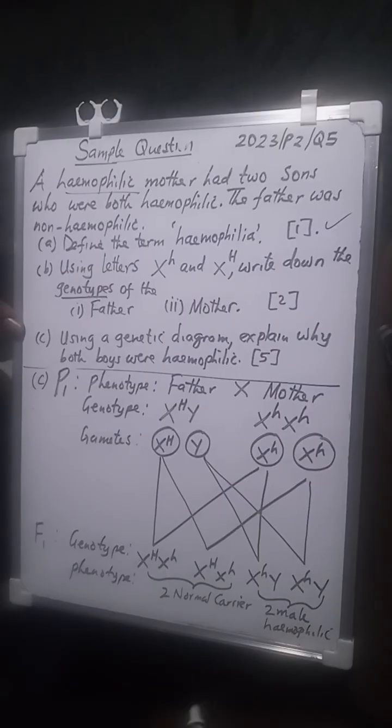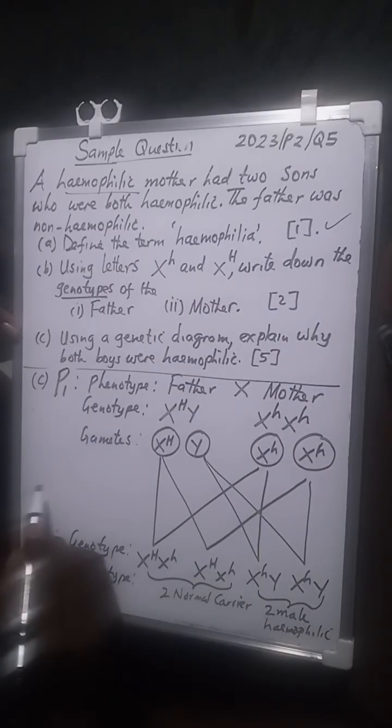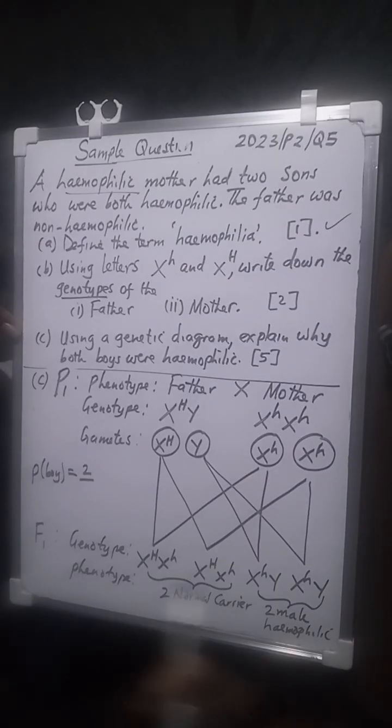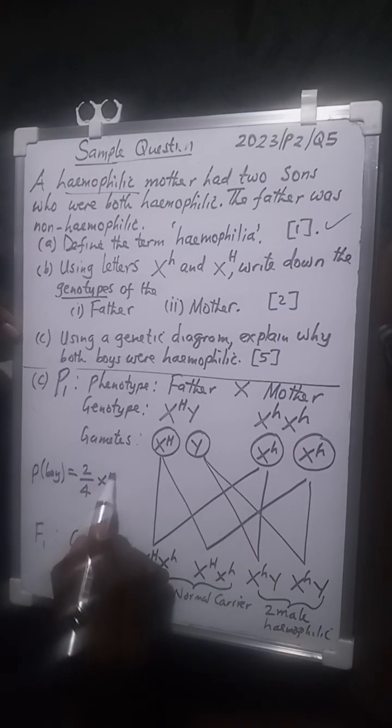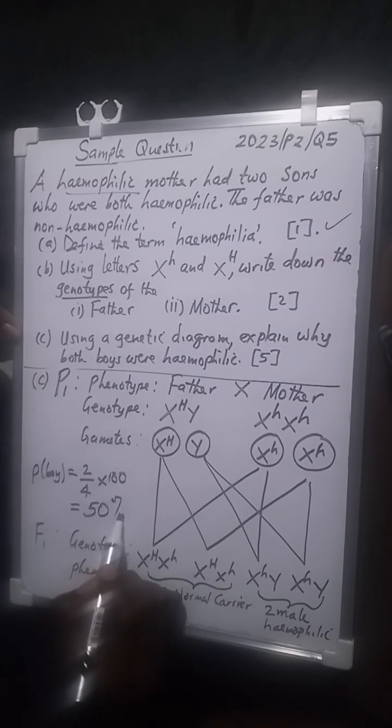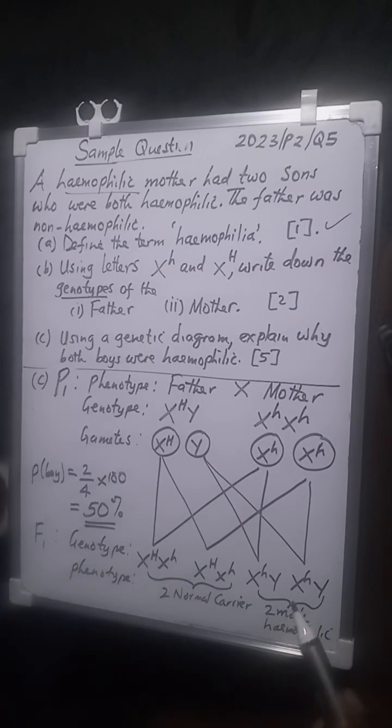We can even put up the probability. Because of my space, let me put it just here. So the probability that the boys were hemophilic: there were two boys that were hemophilic over the total number of children, which is 4, multiplied by 100%, which is going to give us 50%. So 50% of the children, in this case the male children, the boys, are going to be hemophilic.